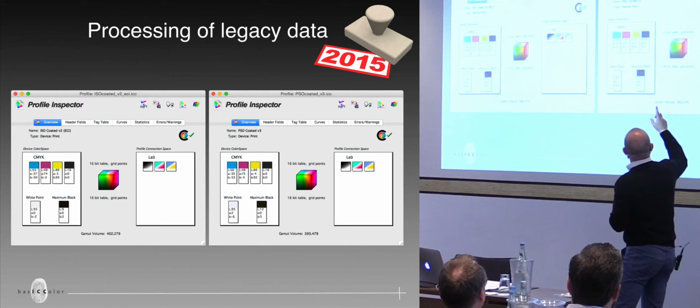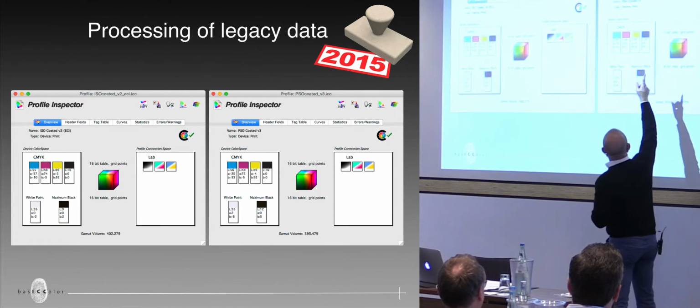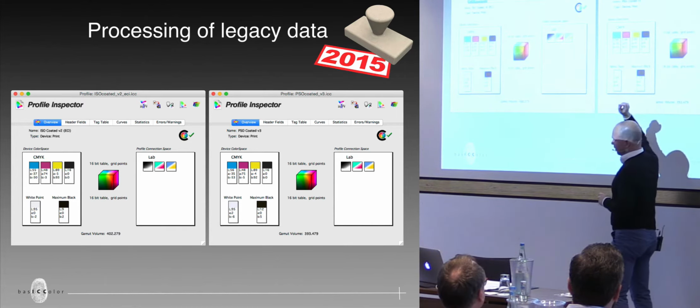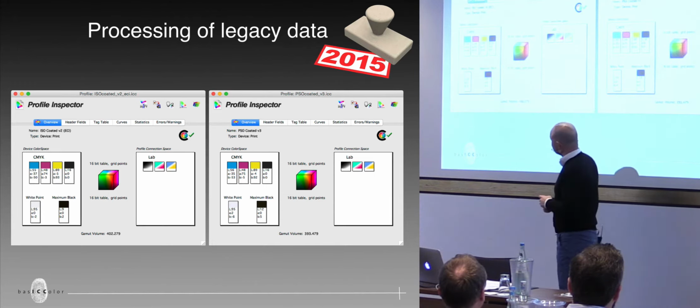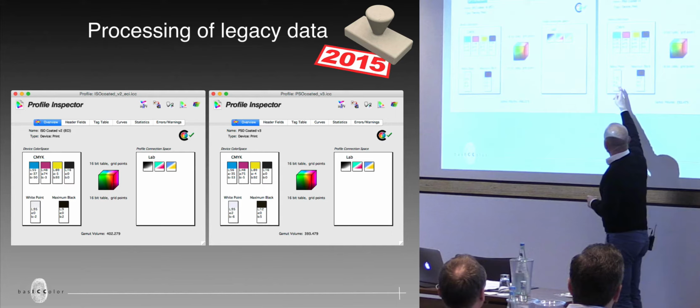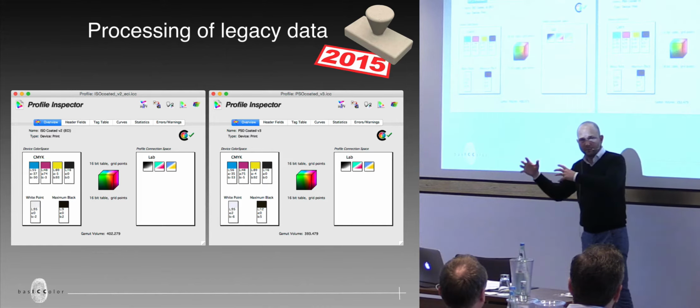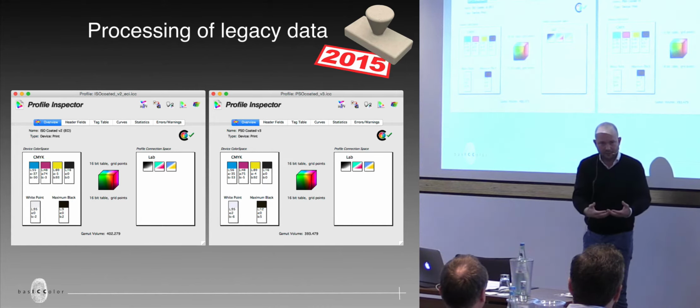Then you will see here the PSO code, the new standard, with an L of 12, and here the old one with an L of 9. The most known difference is here -6 in B. That means a very bluish paper because of the optical brightness.